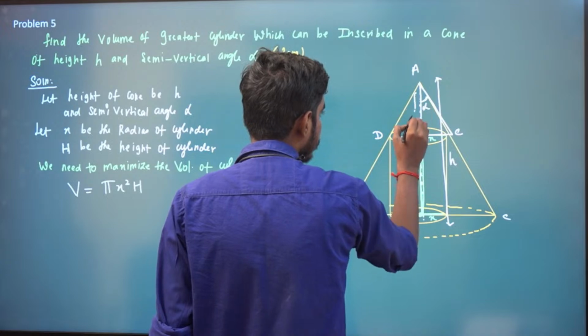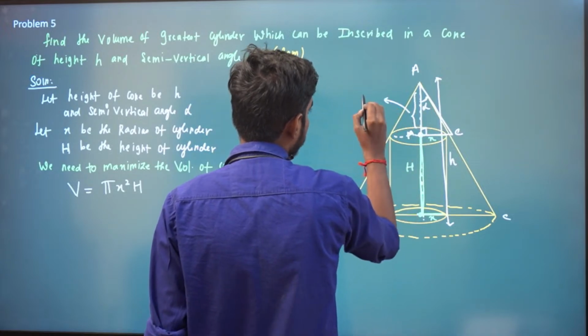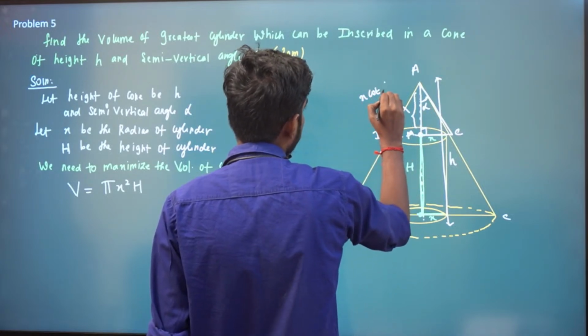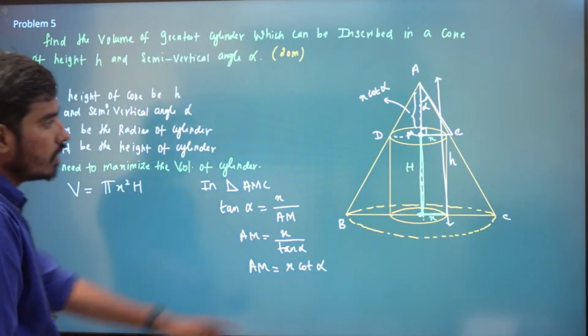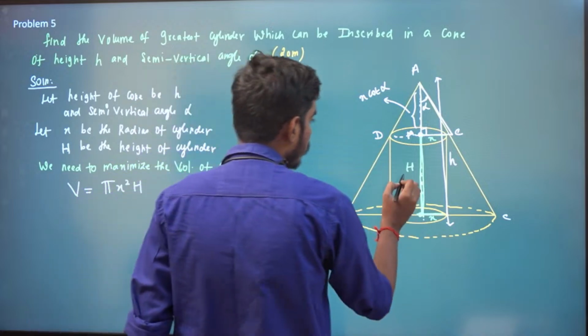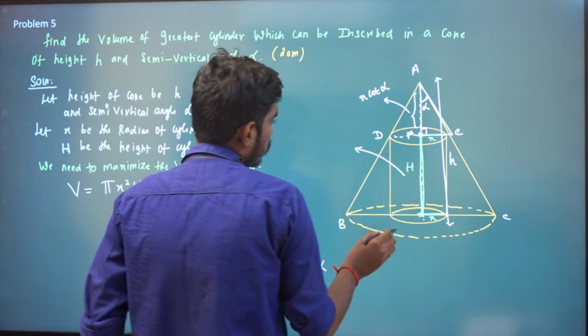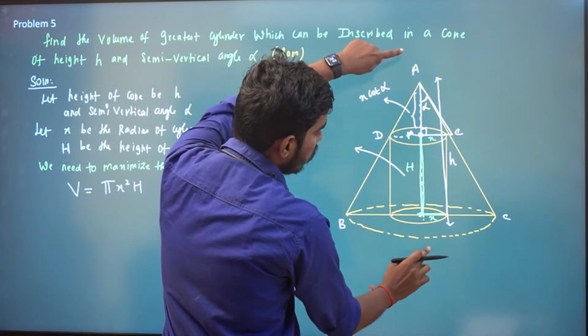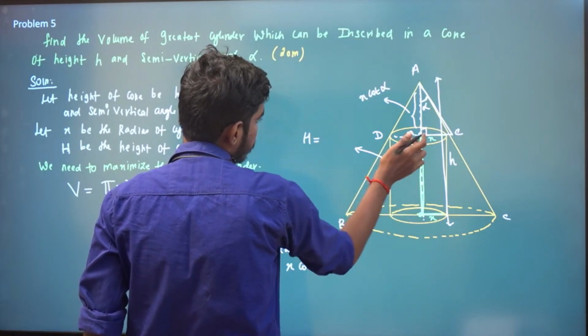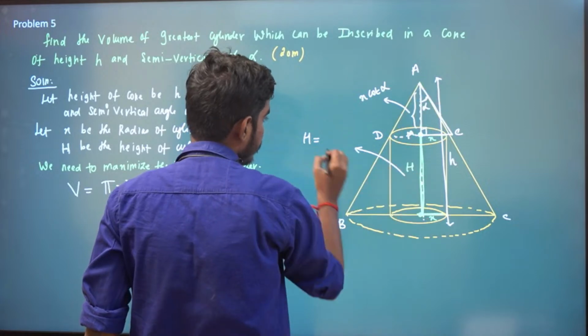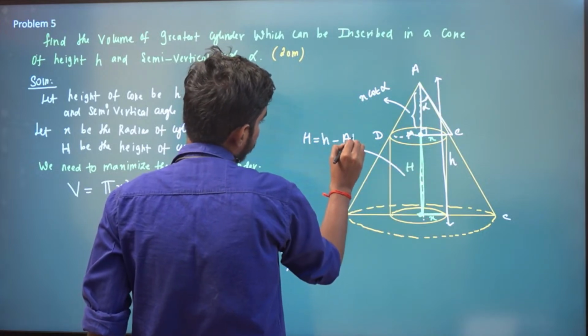So this distance AM is x cot alpha. Then what about this capital H? Capital H is the whole height minus AM, so capital H is small h minus AM. Yes or no?